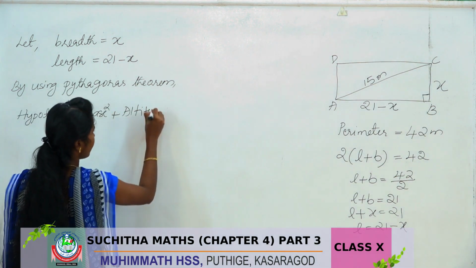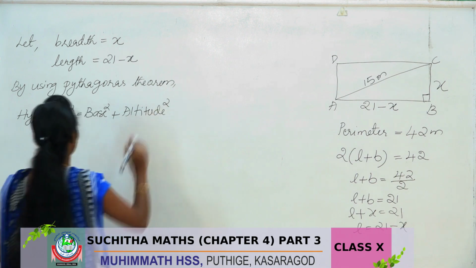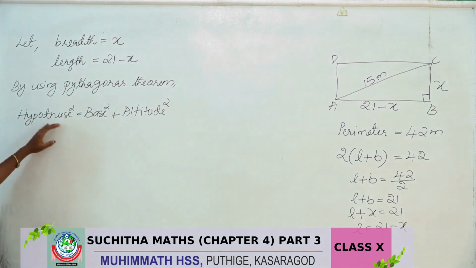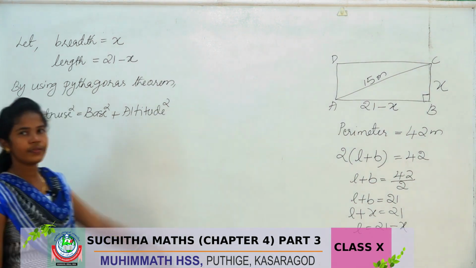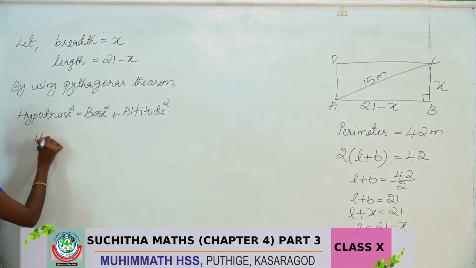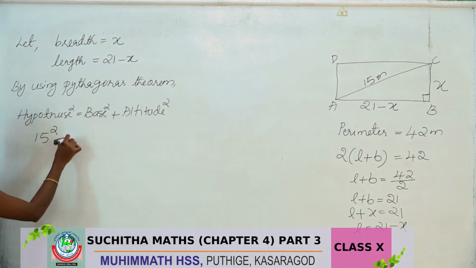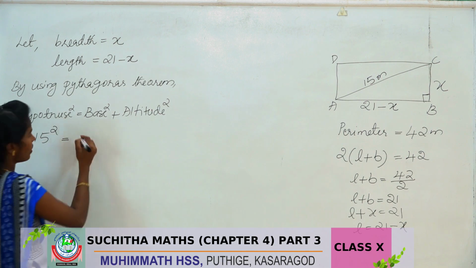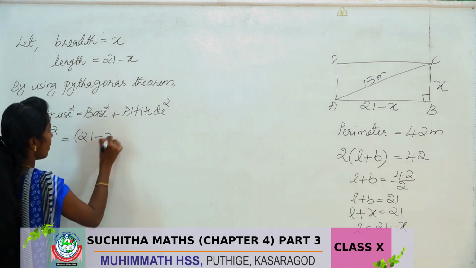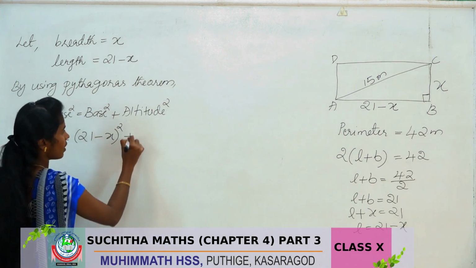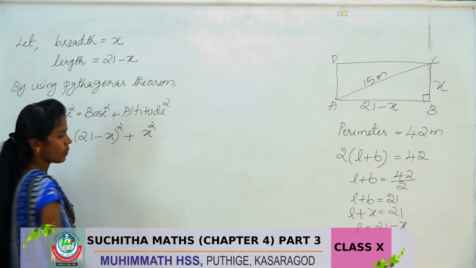Altitude means height. Now apply these values. Hypotenuse is 15. So 15 square equal to base, 21 minus x whole square, plus altitude, x square.